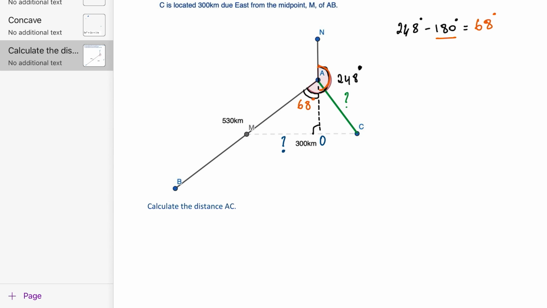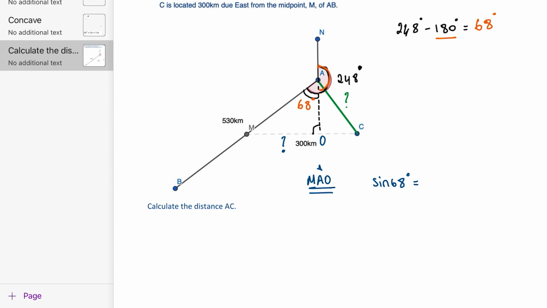Now I'm dealing with this triangle over here, the MAO triangle. And I am going to find the side MO. So sine of 68, that will give me the MO.